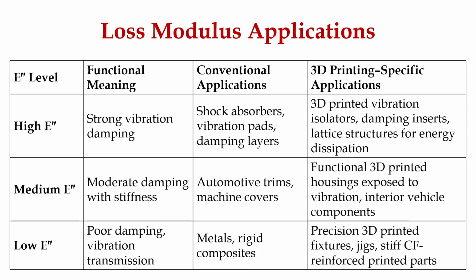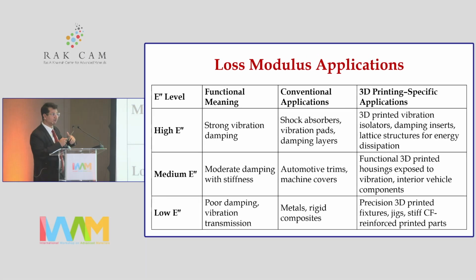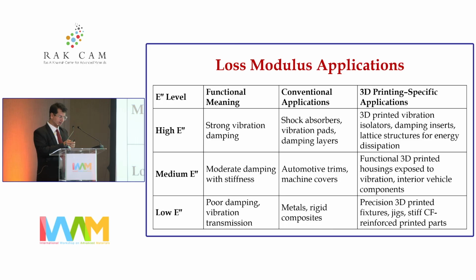High E double dash has different applications. If I want to make a good type of shock absorber, I will say I need a high E double dash value. If I want moderate damping, I will say I need a medium E double dash value. Similarly, for low, it's poor damping.